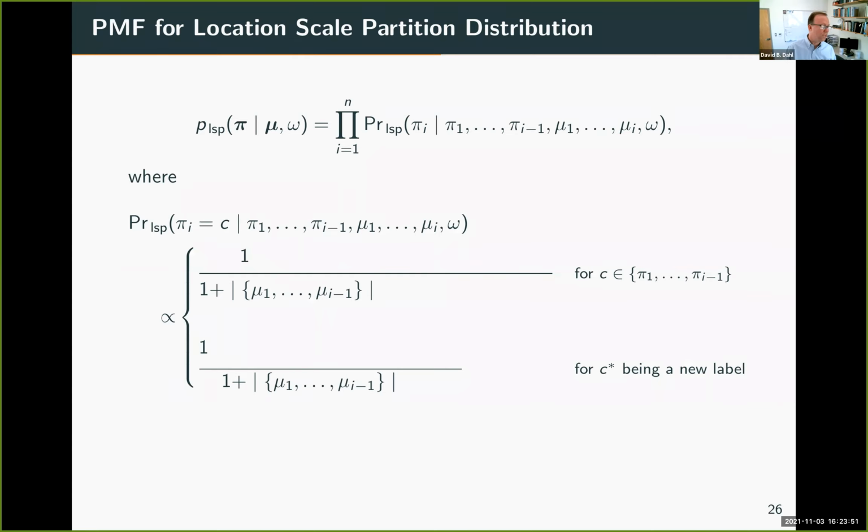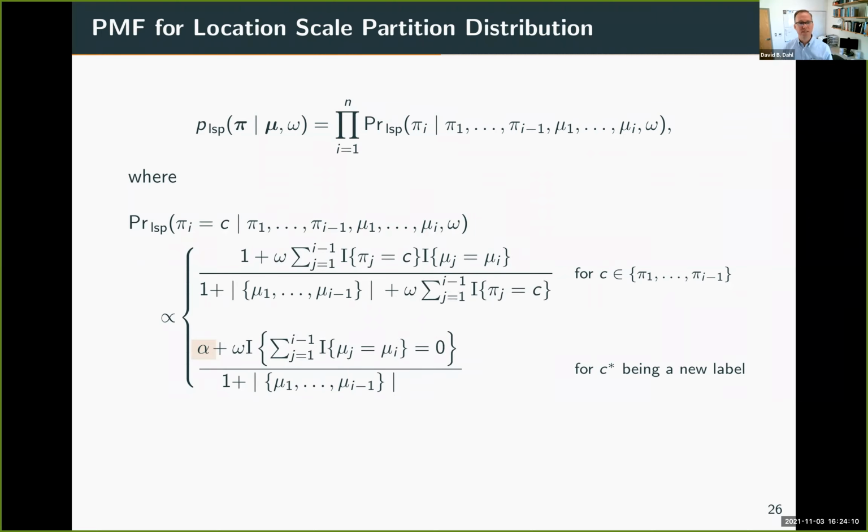Well, that's exactly what the Jensen-Liu does, except the Jensen-Liu is a little more general in the sense that there's a concentration parameter alpha right here that allows you to govern the distribution of the number of clusters. So we could generalize the LSP just a little bit by introducing this alpha parameter, but still, nonetheless, baked into the LSP is this particular allocation rule, which is the Jensen-Liu partition distribution.